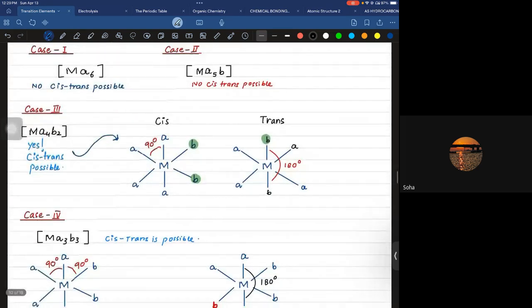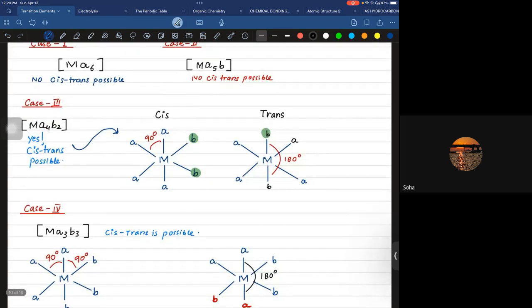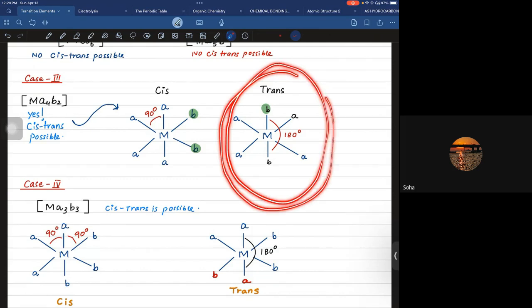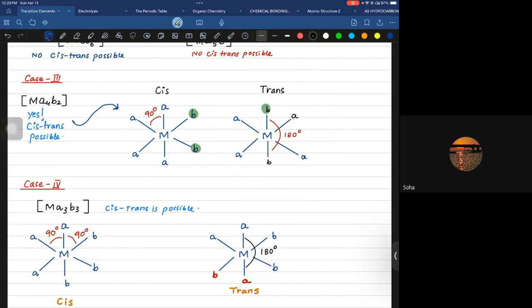What about octahedral complexes? If you can see for the trans one, I'm going to draw the mirror image of this just like that. Of course, this is the mirror image and I'm going to superimpose it. Of course, it would be superimposed.